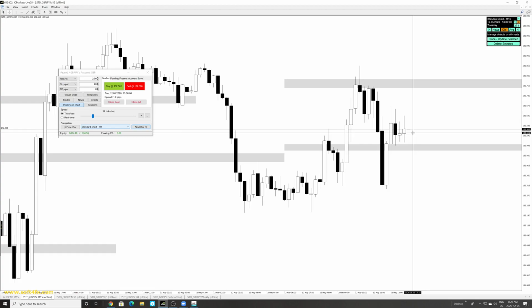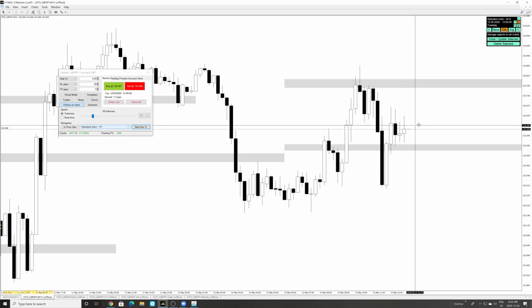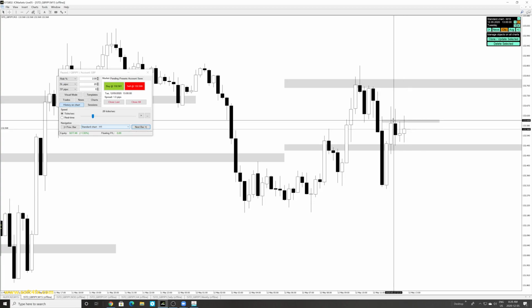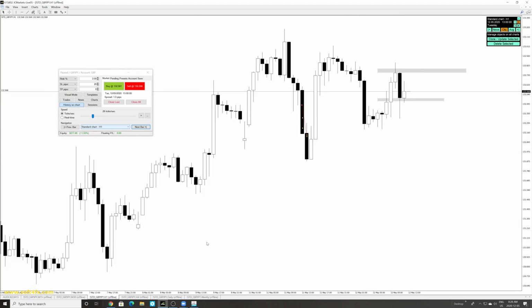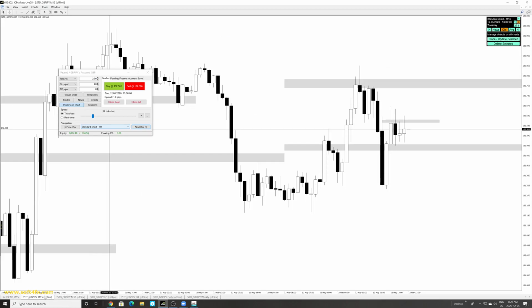At this stage, I think it's a pretty good idea to wait for price to break above this area right over here, because even though we think price is going to continue moving up, you have to understand that this is a minor resistance here on the 15-minute time frame. It looks very clean, very solid on a 1-hour candle over here, but we have to wait on the 15-minute, so let's see what happens.